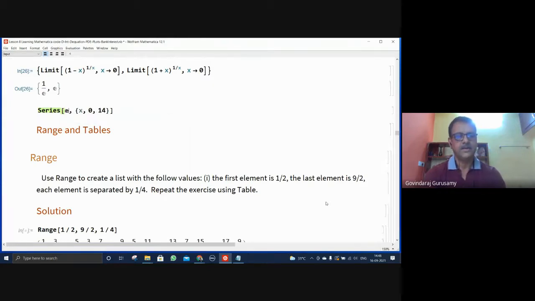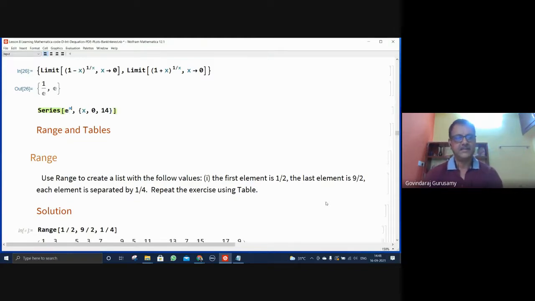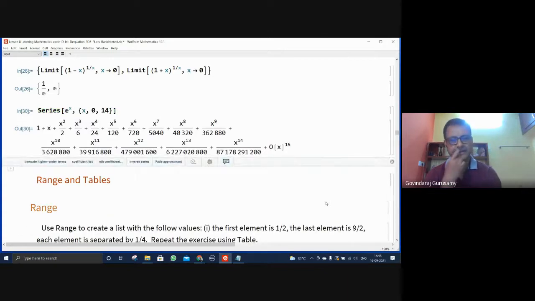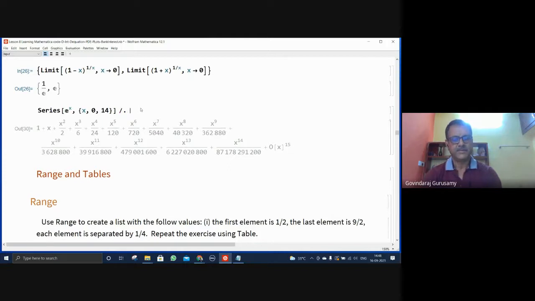We'll make it x, starting from 0 to 14 now. I'm getting it. Now what am I supposed to do to get this number e? Substitute x equal to 1.